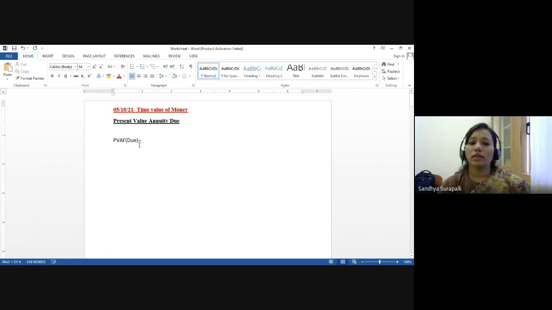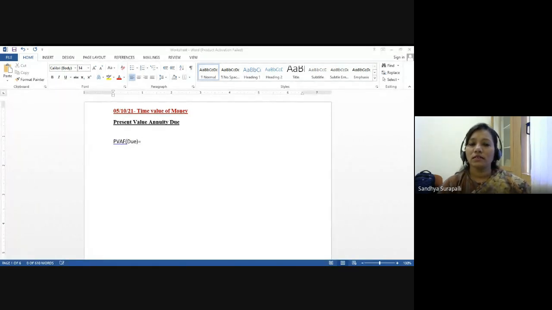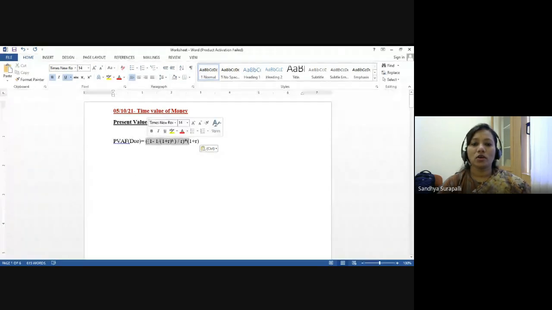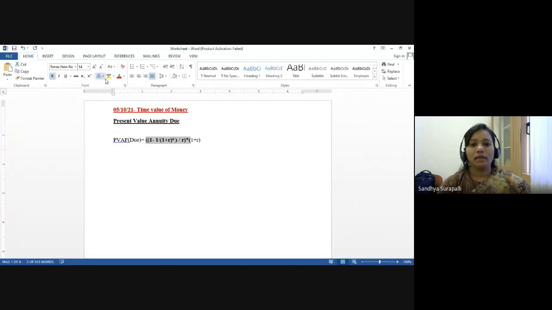So this is the formula. This is the normal present value factor formula, and to that you are simply multiplying 1 plus r. And this factor you will use to find the present value of the annuity due cash flows.